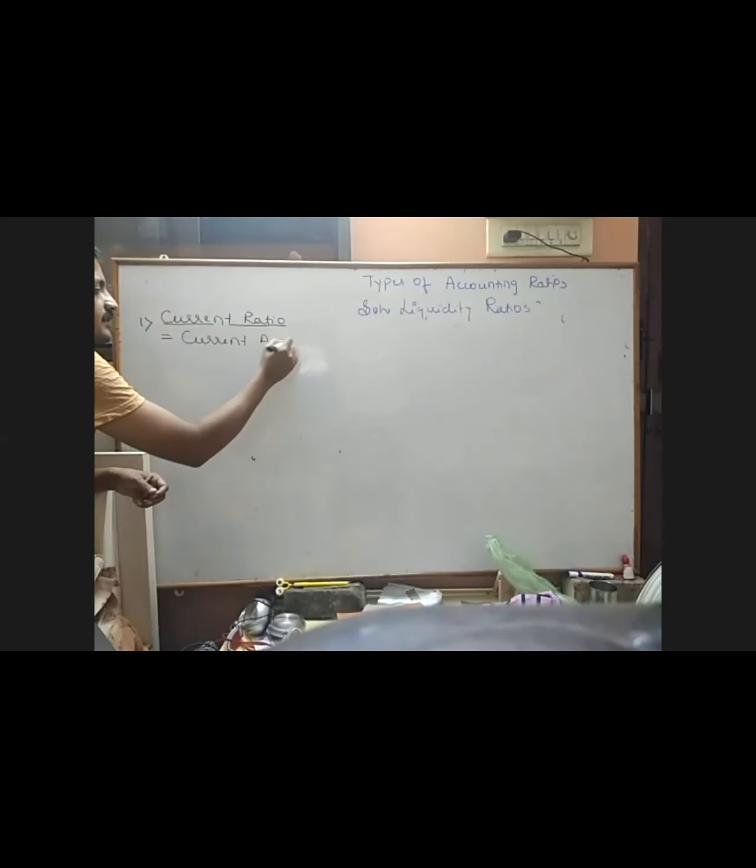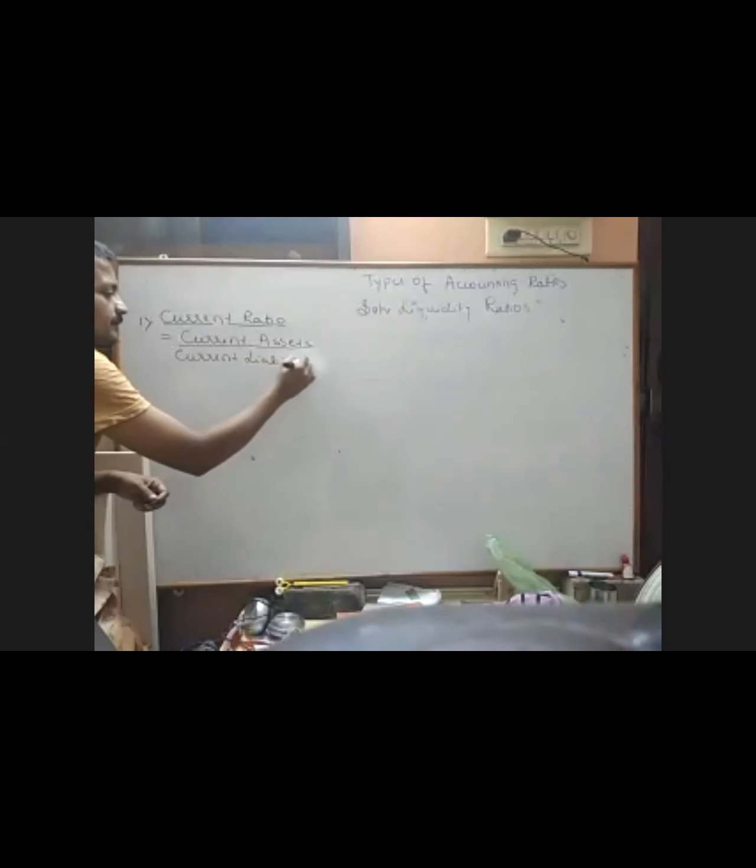Current ratio is equal to current assets divided by current liabilities. The current assets should be divided by current liabilities.